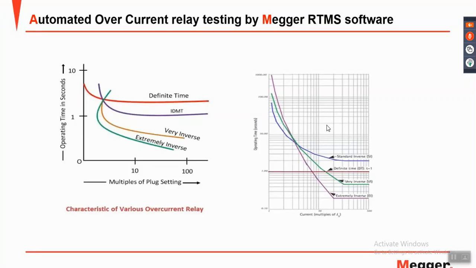This is something about the curve that we are using here for the overcurrent. This is only a sample of different times, very inverse and inverse. So whenever the current goes high, as I said, the tripping time goes low.